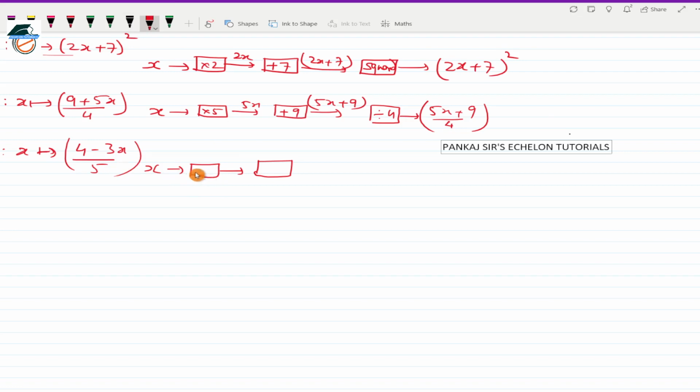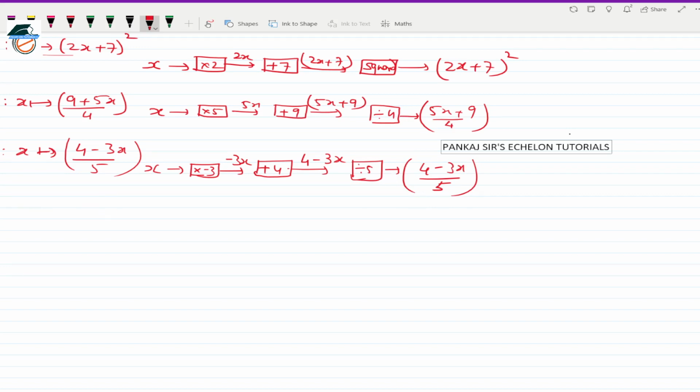You multiply it with minus 3. So you'll get a minus 3x. Then this minus 3x is getting added to 4. So this should give you 4 minus 3x. And lastly, you have to divide by 5. So this will give you 4 minus 3x whole upon 5.